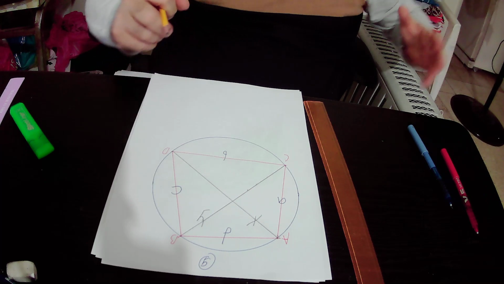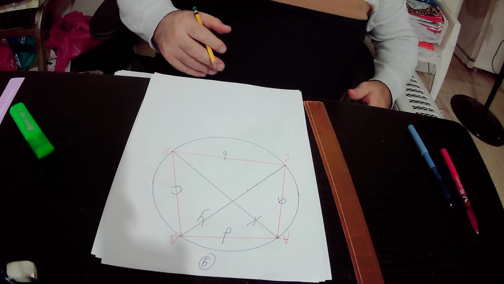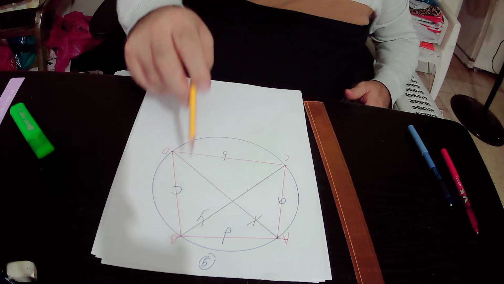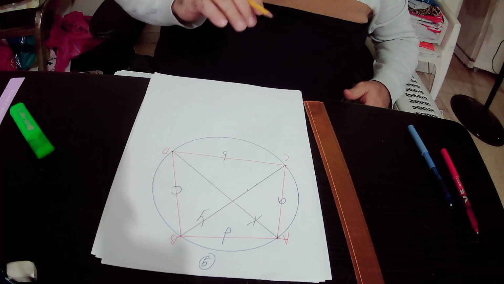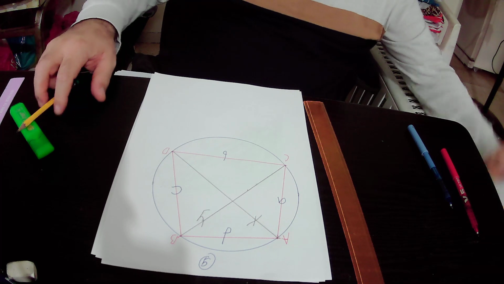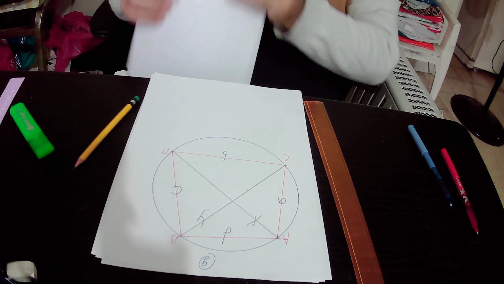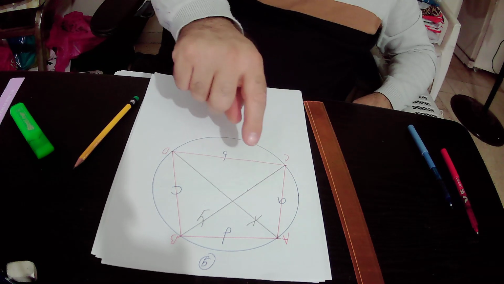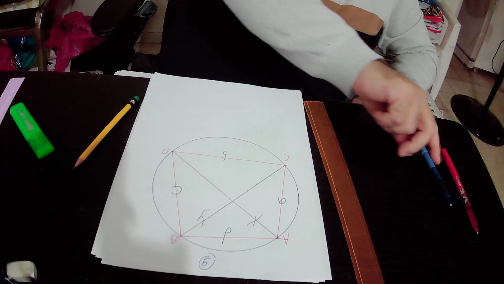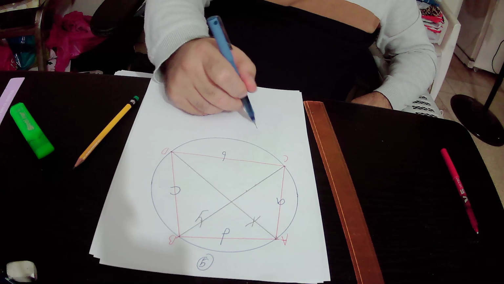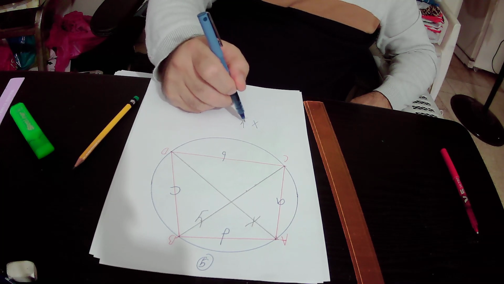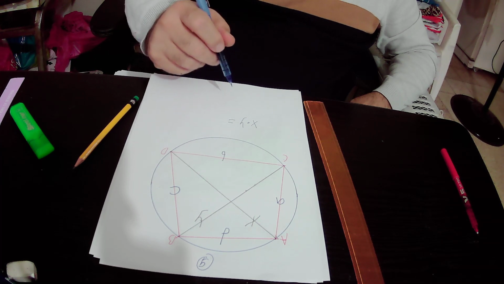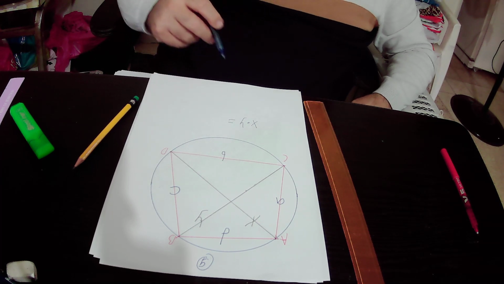So if we have quadrilateral ABCD that is inscribed by this blue circle, then according to rule number 3, the product of its diagonals, that is to say X times Y, equals the sum of the products of its opposite sides.